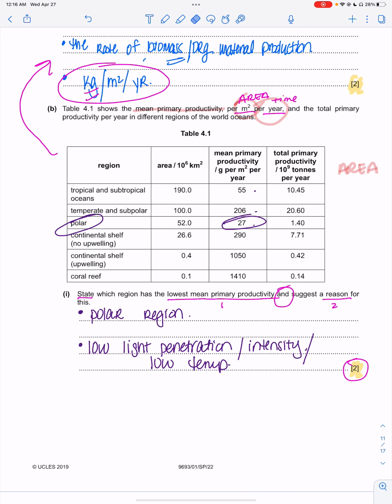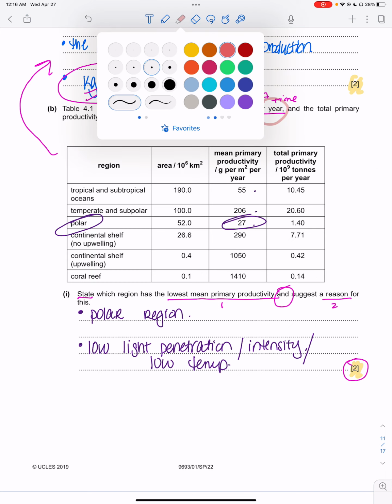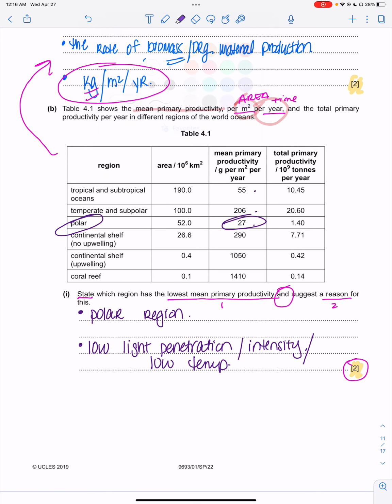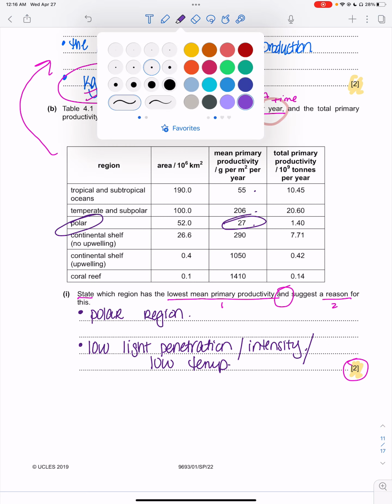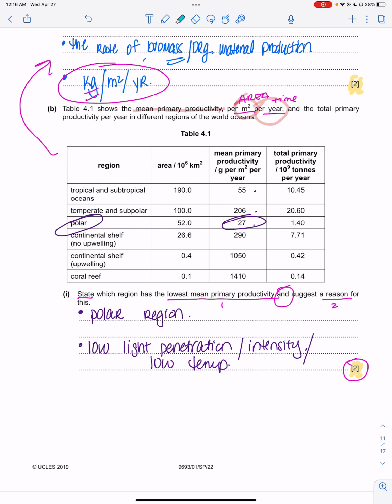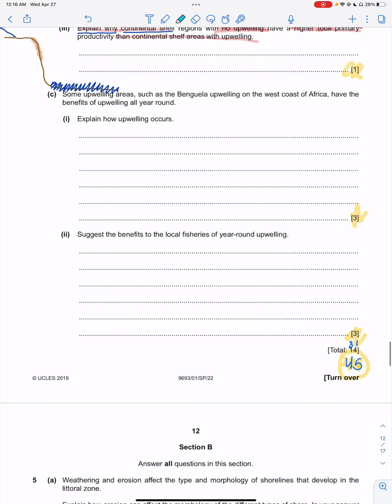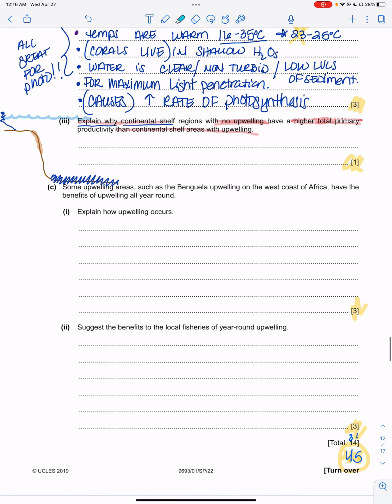Let's erase that so we can see it. All right, continental shelf, no upwelling. And they didn't want the mean, they said total. So if I look back at the question, total.